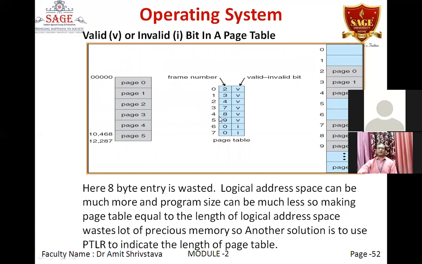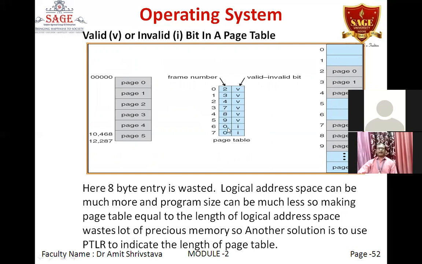It means these pages are legal pages of this particular program, whereas we have written I in page number 6 and 7 entries. So these entries are invalid for this particular page table. That is, the process is not using the 6th and 7th entries. It is invalid. Okay.